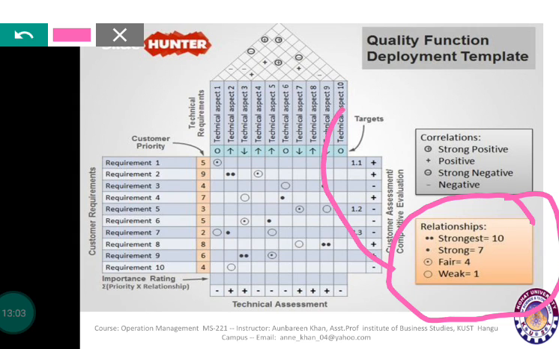It is also represented with the help of correlation symbols. Plus 1 underscore is the strong position, plus sign shows a positive situation, minus underscore sign shows the strong negative position, and minus is a negative position.